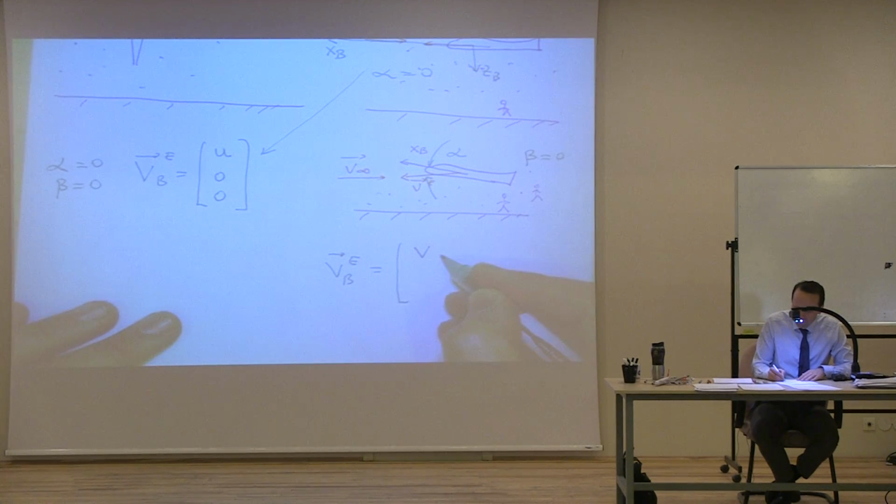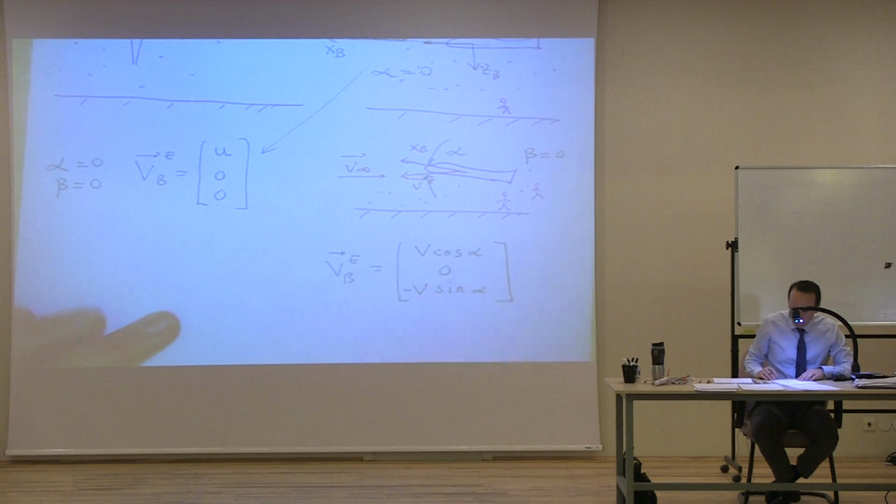Is that right? V cosine alpha. How about Y? 0. How about W? V sine alpha. Will it be a minus or a plus? It will be a minus. Okay.